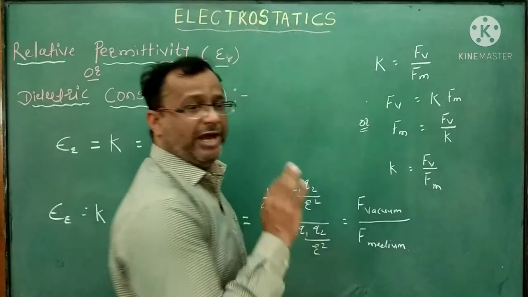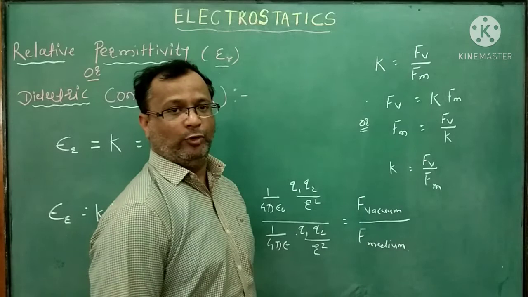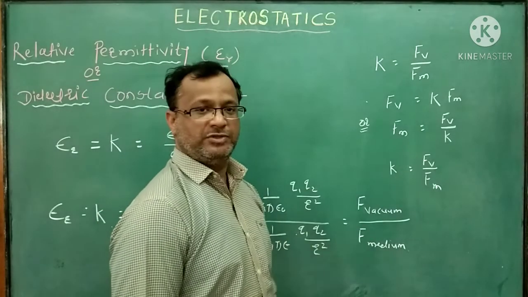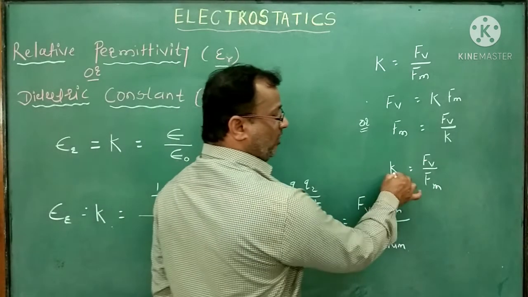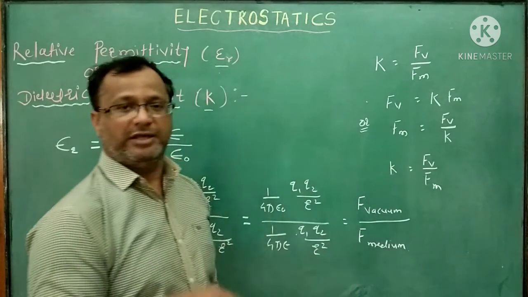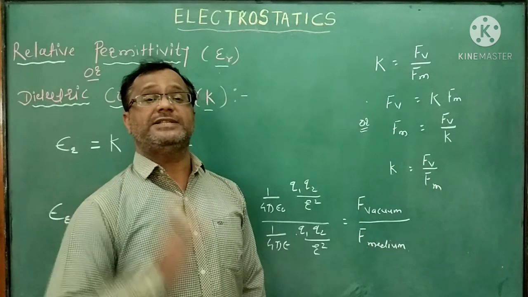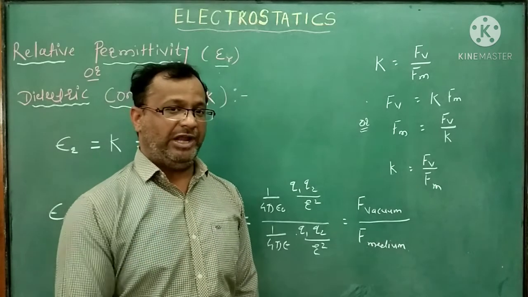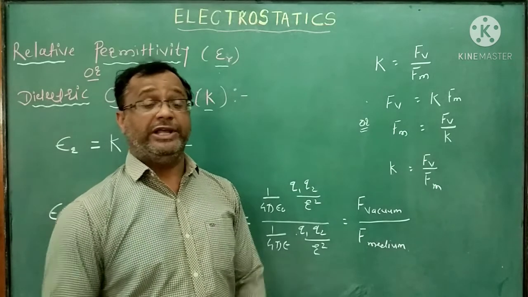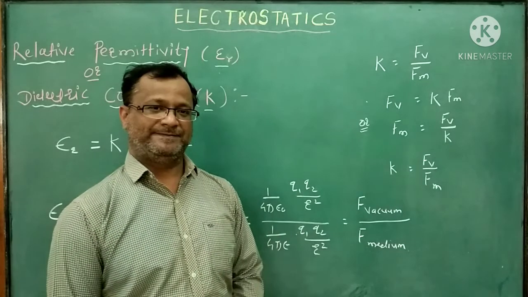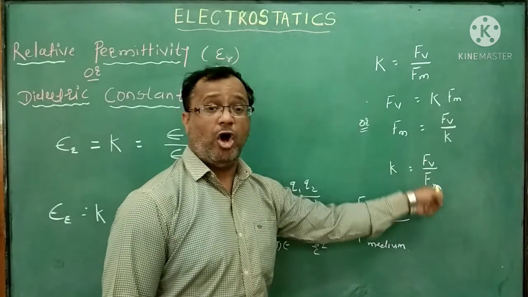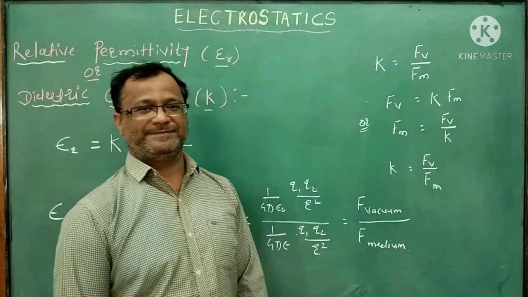But both at numerator and denominator, we get simply force. So that's why this dielectric constant is a unitless and dimensionless quantity. It is simply a number, because it is the ratio of the same quantity.